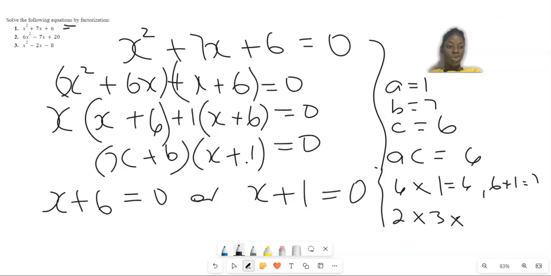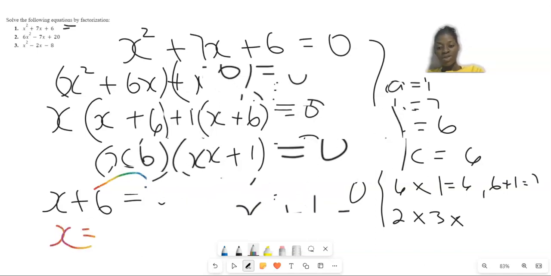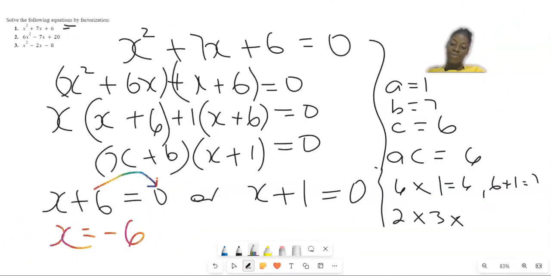We're trying to make x the subject of the equation, so that means we need to transpose whatever is there. In the first case, we need to transpose this 6 to get x alone on the left hand side. So we're going to end up with x equals 0 minus 6, which is negative 6.